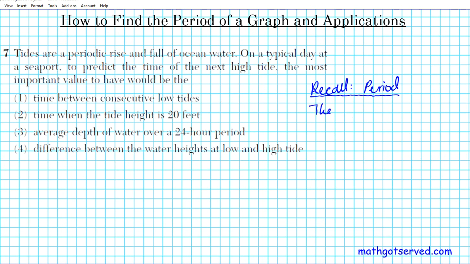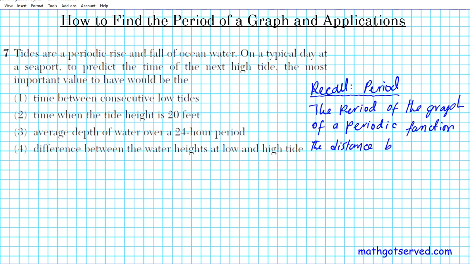The period of the graph of a periodic function is the distance between consecutive highs and lows.